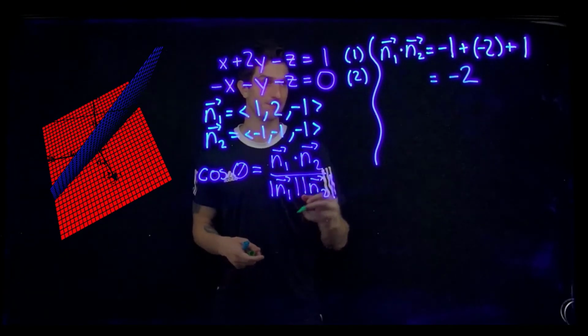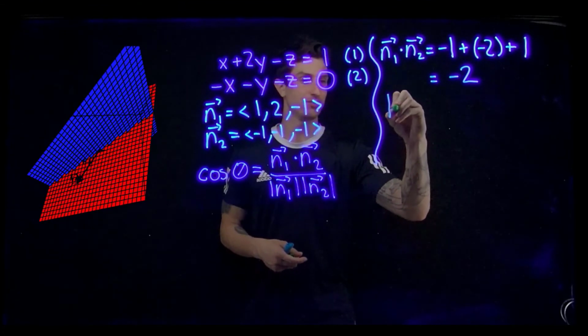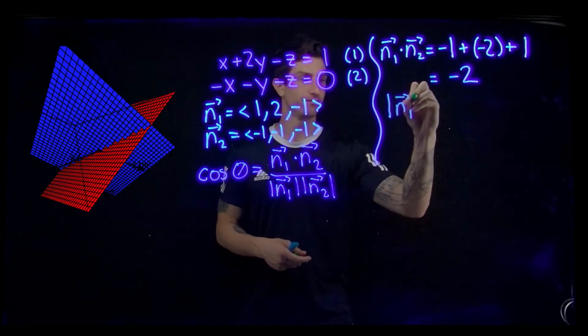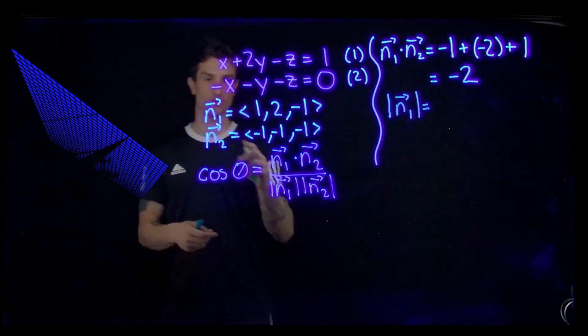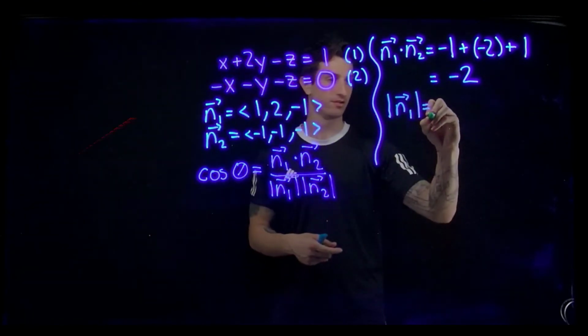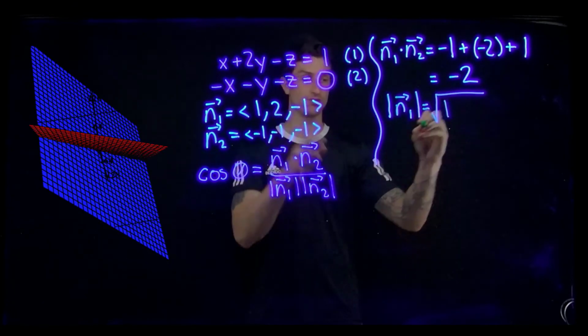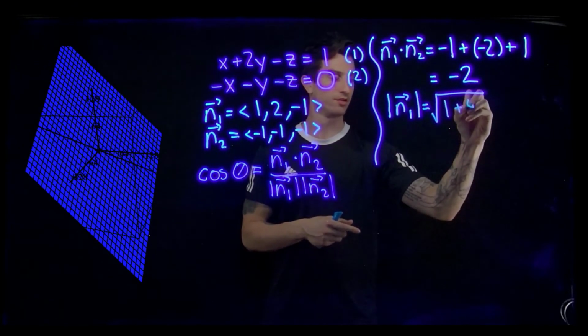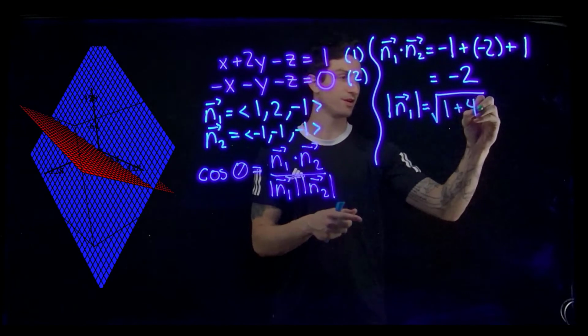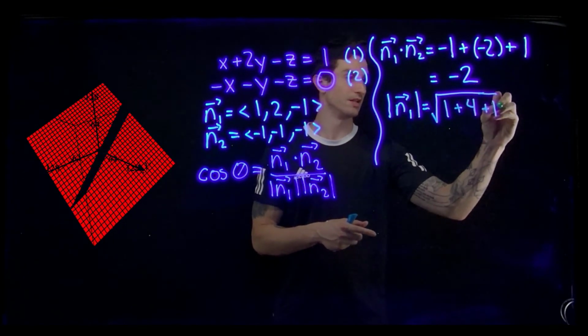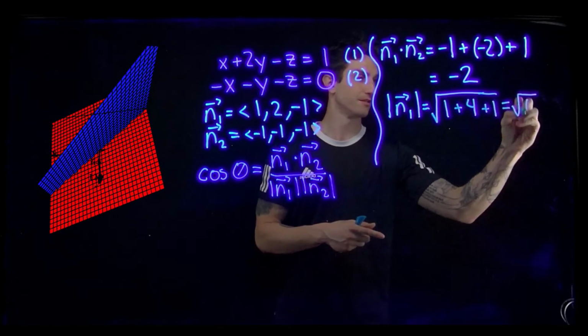What do we need? We need the magnitudes now, so we'll find the magnitude of n1. This is going to be the square root of 1 squared, 1, plus 2 squared, 4, plus -1 squared, 1. We end up with root 6.